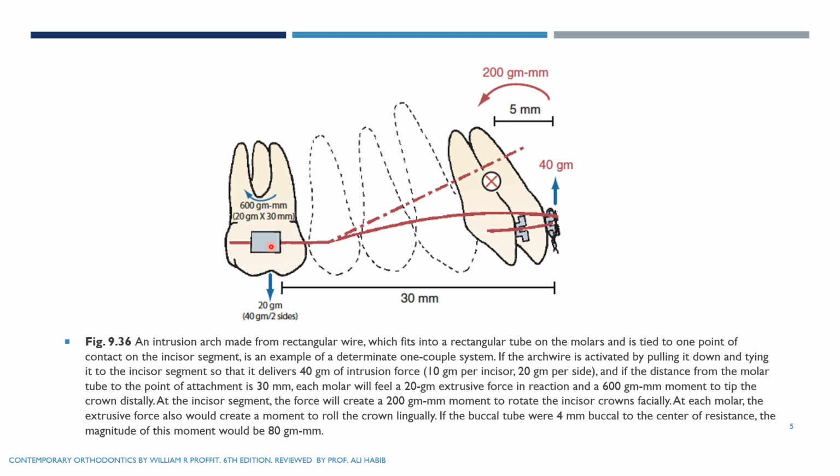So we expect the molar to experience another moment which will tend to tip the molar lingually, because the force application is away from the center of resistance by 4 millimeters. So if it's an extrusive force, the tooth will experience a lingually directed moment. How much? It's 20 times 4. It will be around 80 gram millimeter, which is here. And this is just to explain to you how you can measure the force system in general.